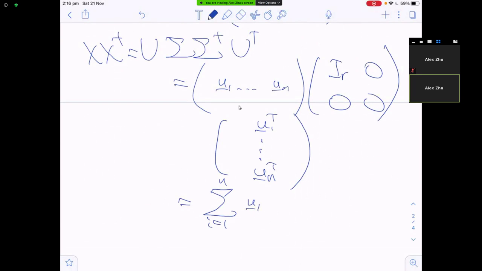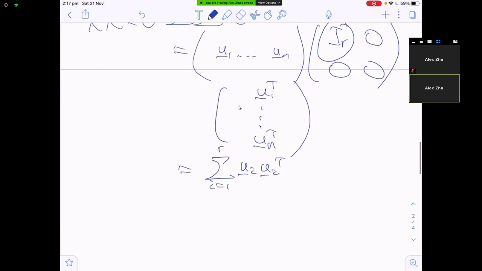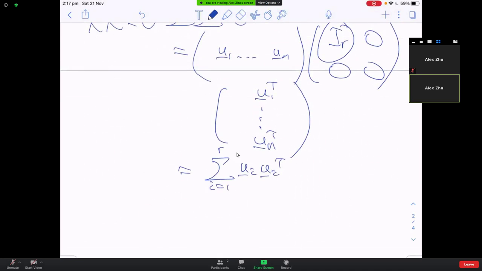If you write it in vector form, you can write it as a sum. Let me rewrite that. Because there are only R ones, you only take the first R of these vectors, and then u_i transpose. And there we have it. That's our answer to question 1. Thanks, guys, for listening. Good luck with your studies.